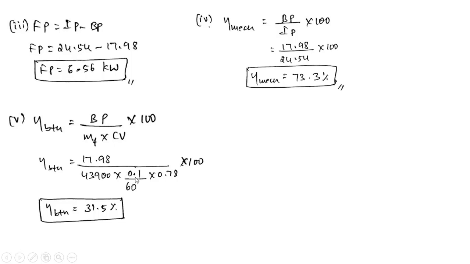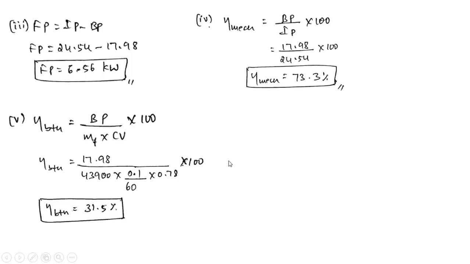It is 0.1, and to convert per minute into per second, it has to be divided by 60. Then to convert into kg, they have given the specific gravity of the fuel, so multiply by specific gravity. So 0.1 into 0.78 divided by 60, into 100. So we will get brake thermal efficiency as 31.5%.